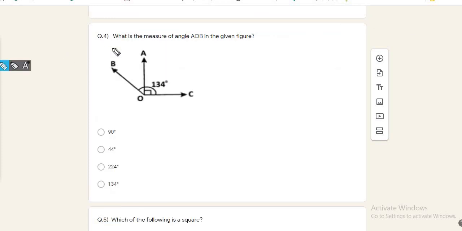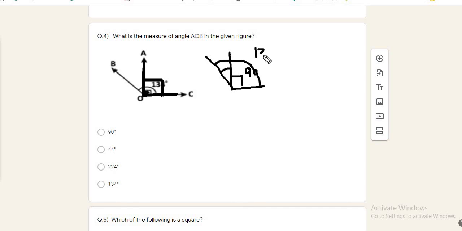Bonus question 4. What is the measure of angle AOB? We know that the full angle is 134 degrees. Now out of this full angle, we have a right angle. This is the right angle. It is an L-shaped angle. So this is 90. And how much more does it need to become 134?